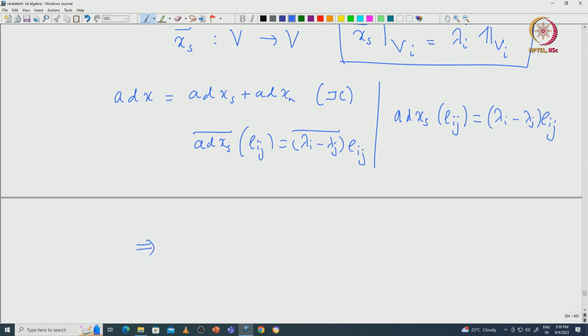So, that means this ad x s bar E_ij is nothing but (lambda_i bar minus lambda_j bar) times E_ij.